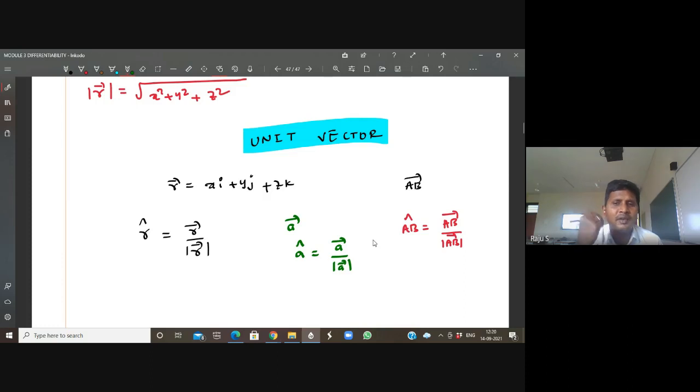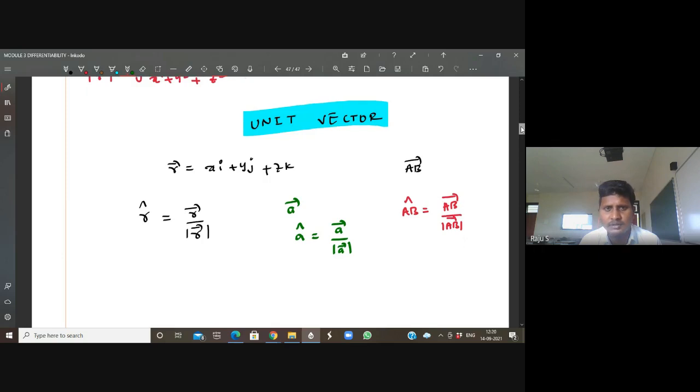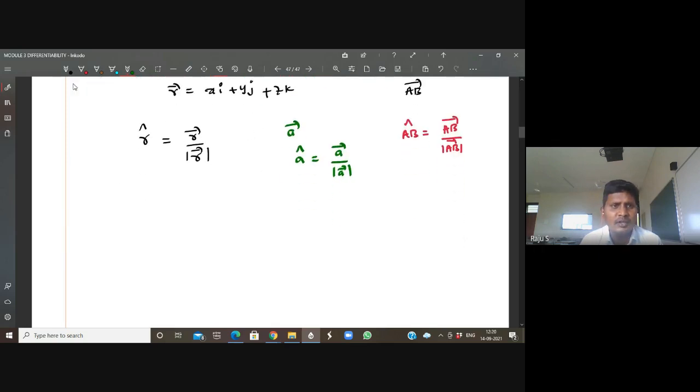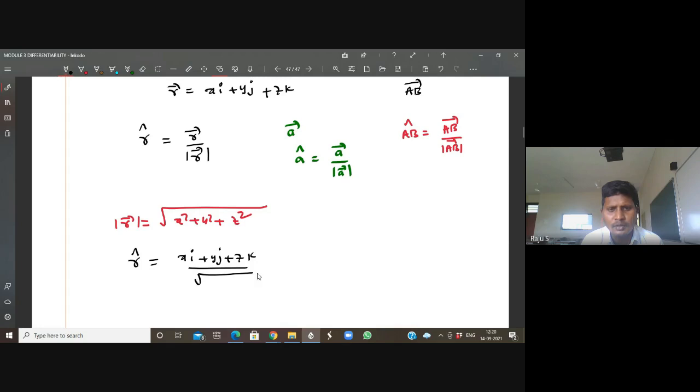Mostly they'll give a vector and ask you to find the unit vector. See here, for the unit vector you first have to find the magnitude of r. The magnitude of r is given by root over x square plus y square plus z square. Got it? Then r cap is equal to the r vector, that is xi plus yj plus zk, divided by root over x square plus y square plus z square.